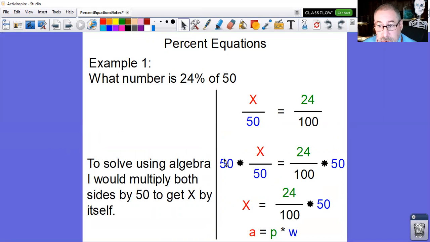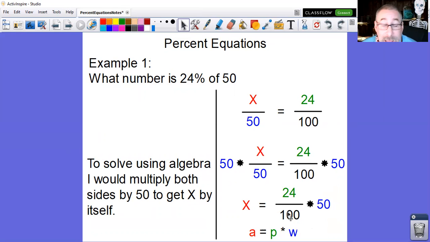So 50 over 50 gives me 1. That's how I get my x alone. But if I multiply this side by 50, I have now the exact formula for a percent equation. X is equal to 24% times 50, or my part is equal to my percent times my whole.